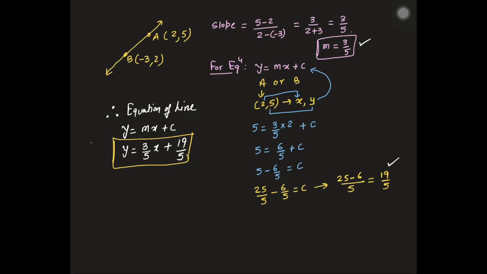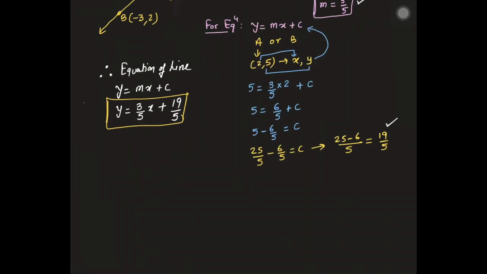Now we can have some more similar problems where we can deal with parallel lines and perpendicular lines. So let's say we have a line, it's passing through 2 points, and there is another line, line 2, for example.